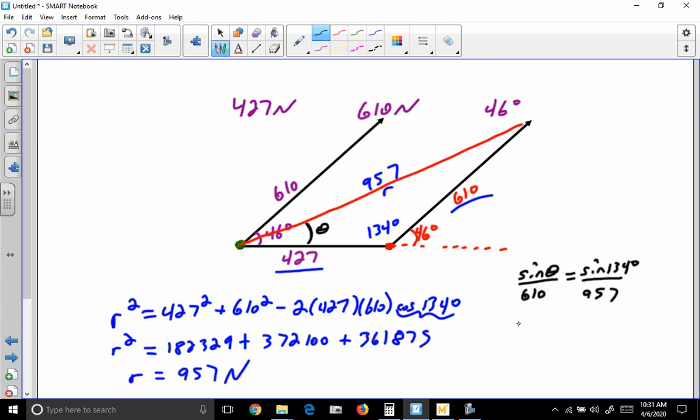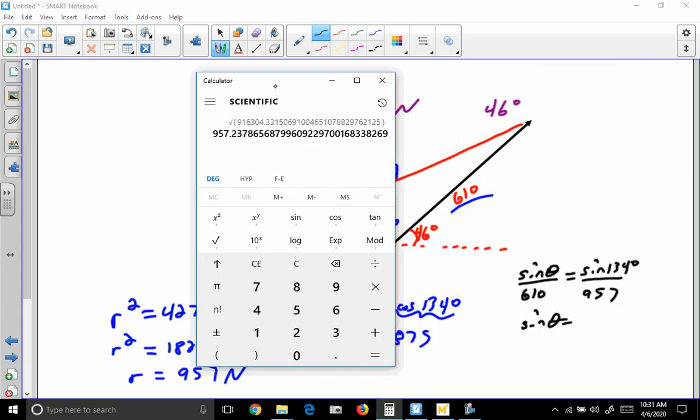If we multiply both sides by 610, we get sine theta equals 610 times sine 134 over 957. So that's what sine theta equals.